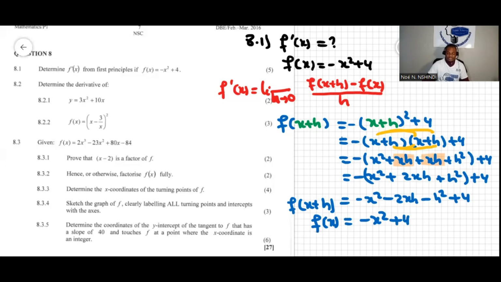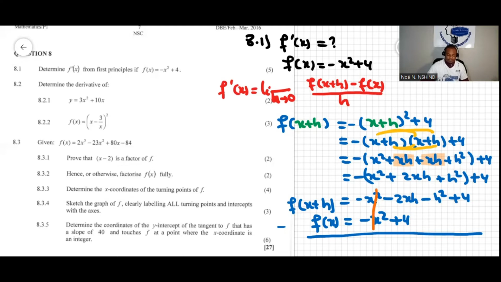You can notice that that's the numerator. Now we're going to do f of x plus h minus f of x. So if we subtract these two, what we have: negative x squared minus negative x squared will fall, because this makes 0.